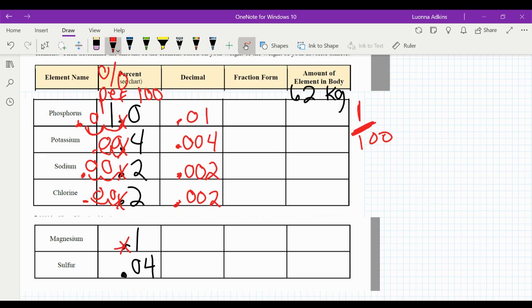Magnesium, pick up that decimal, 2 places to the left, record your new decimal, fill up the holes with zeros. You get 0.001 or 1 thousandth.